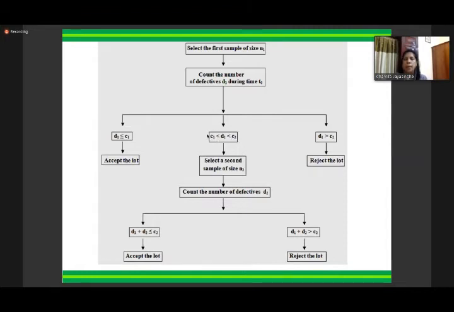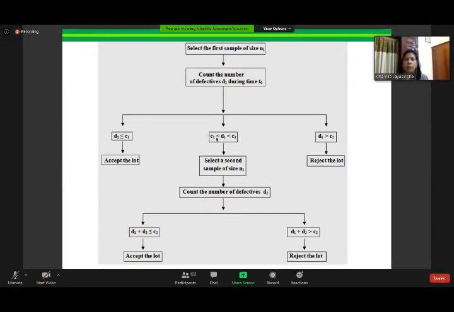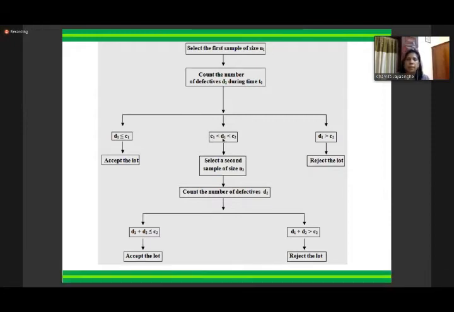C means the count, the number of defects, right? Count the number of defectives D1 during time T0.